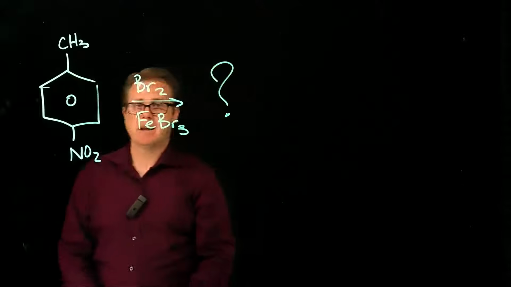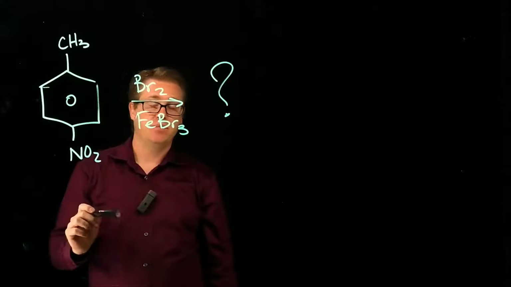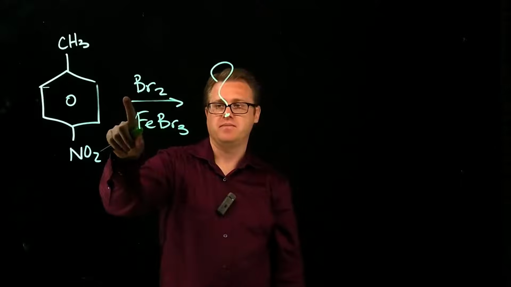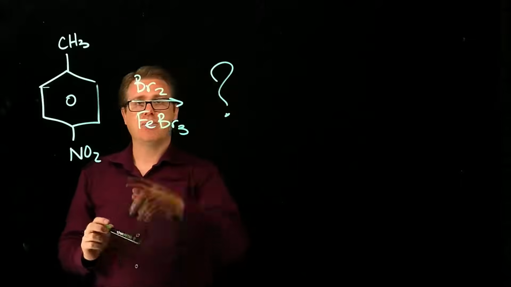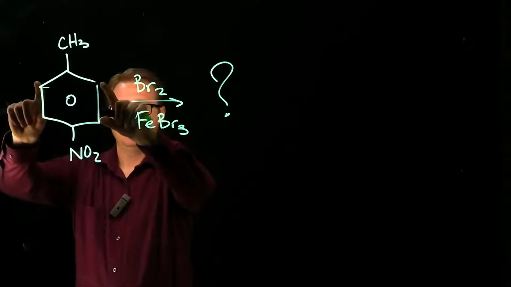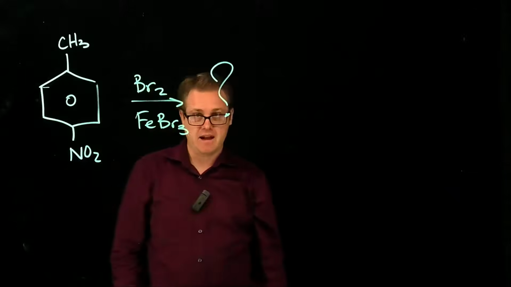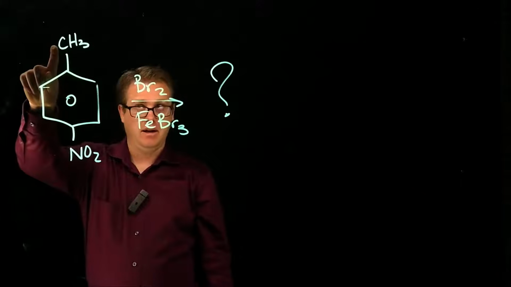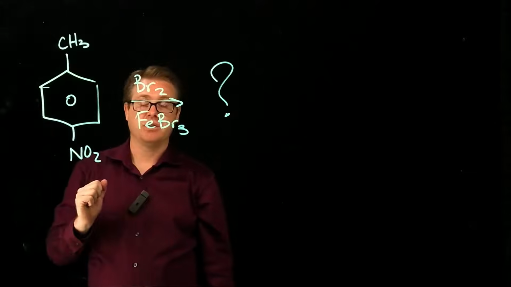Let's take a look at this reaction here. We want to take this disubstituted benzene and do a halogenation. But when we do that reaction, where is that bromine going to attach? We have 4 options. Well, the way that we figure that out is that we have to look at what's already on the ring and ask, where does this group direct the reaction to occur?